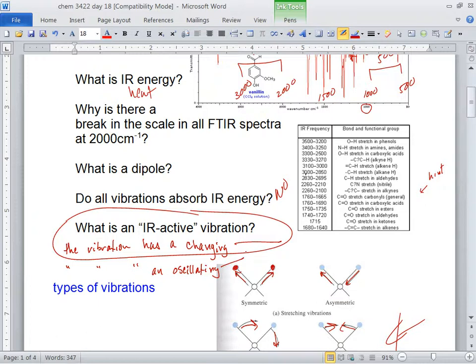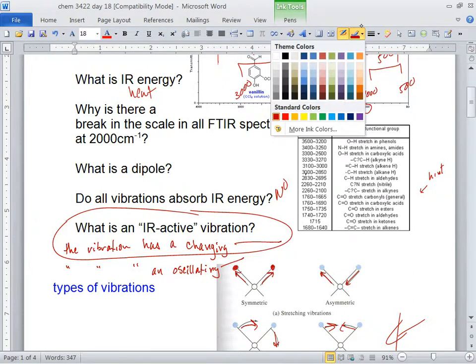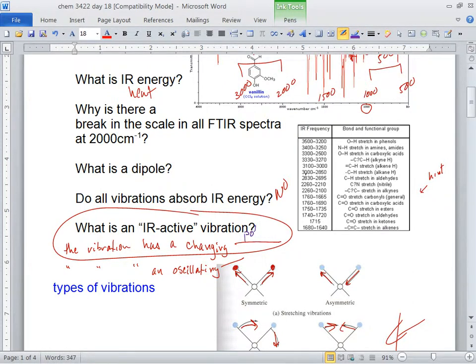If that molecule has a changing polarity, if its vibration is causing it to change its polarity, dang, it's going to interact with an electric field of the right energy, right? It has to be of the right energy in the first place. But if it has a changing polarity, a more technical answer is the next one. It's an IR active vibration if the vibration has an oscillating, starts with a D. Polarity was the first one. Dipole.